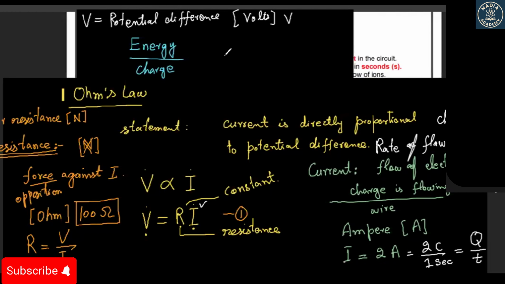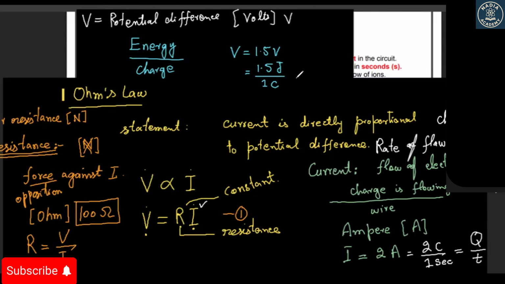For example, you go to the market and buy a battery and its potential difference is 1.5 volts. This is one dry cell. So this 1.5 volts tells us that using that dry cell you can provide 1.5 joules of energy to each coulomb of charge to flow through the circuit.